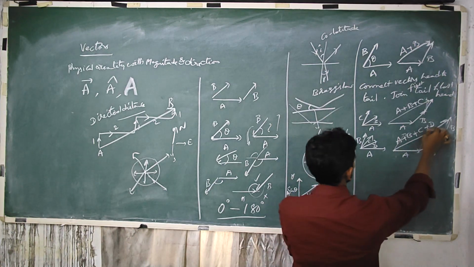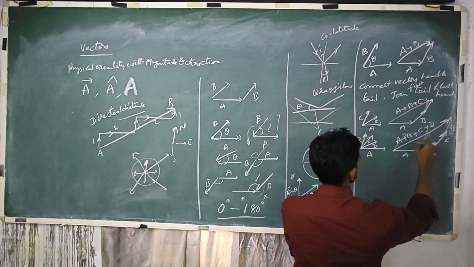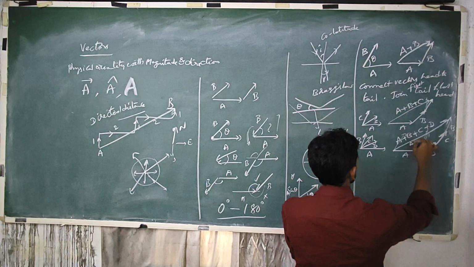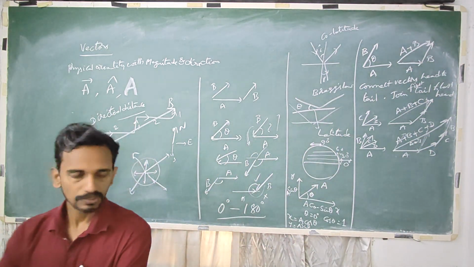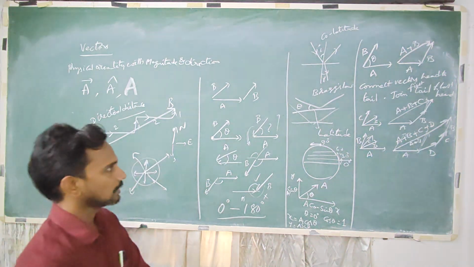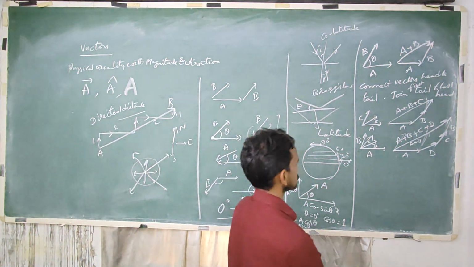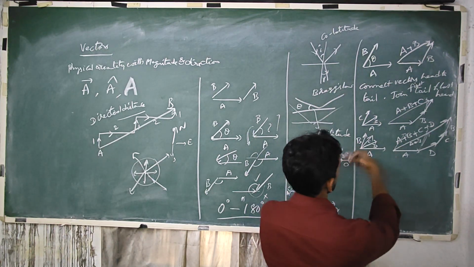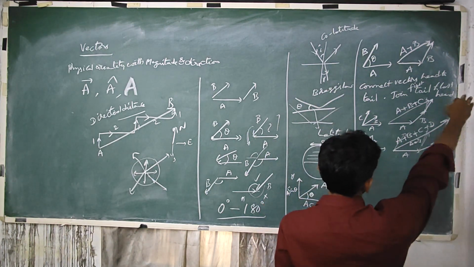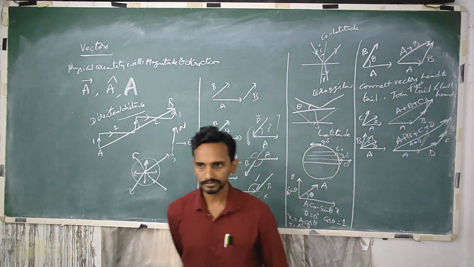So you have to shift B to here. So this is B. So this length is A plus B. So from there you have to add your C vector. So whatever may be the order, if you join all the vectors, the resultant will remain the same.